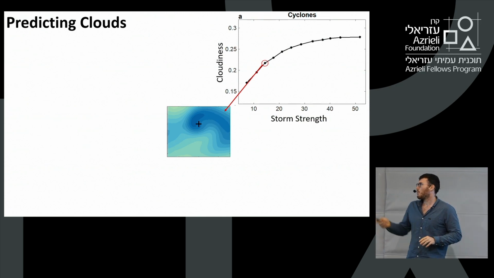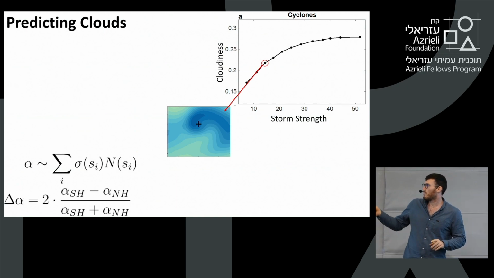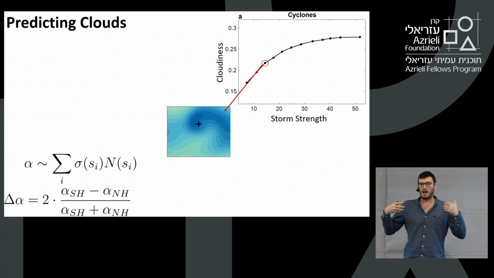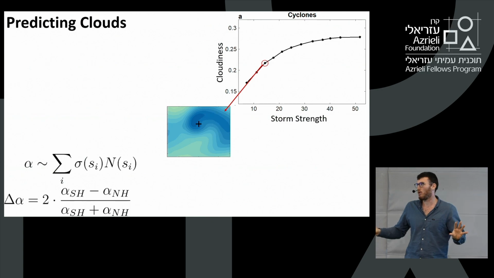So what we did, we used these curves that we found and the formulas involving these curves and the difference in the statistics of storms between the northern hemisphere and the southern hemisphere to calculate what difference in clouds we are expecting, based only on the storm data without any knowledge of clouds at all.